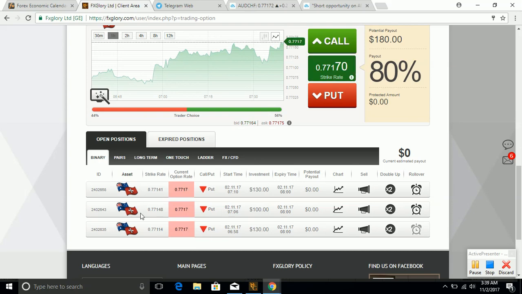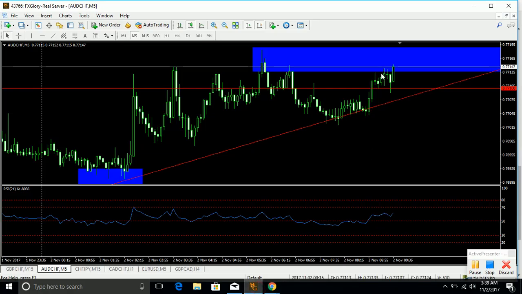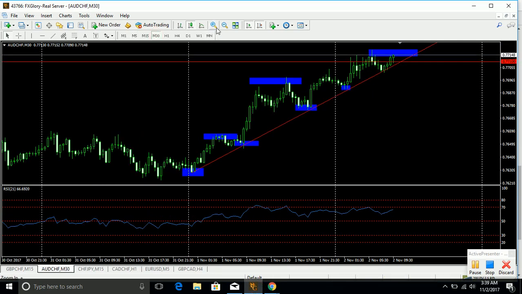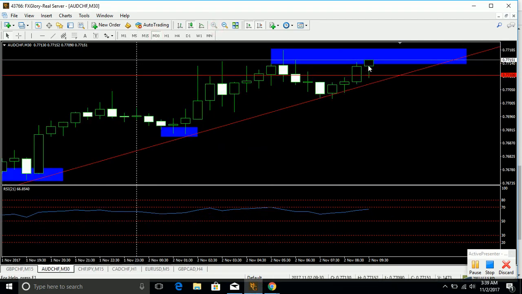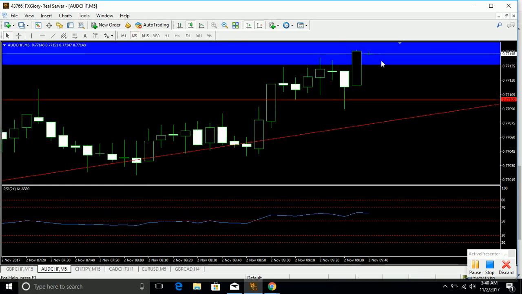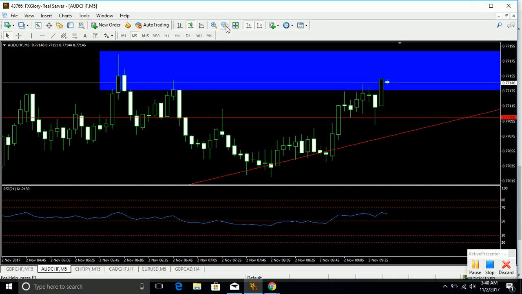Now the reason I'm in this, I'm sorry, this is the Aussie CHF, not the pound CHF. I'm in this trade still because I'm expecting this 30-minute candle to close bearish. So I'm expecting this to still close down in this area, be rejected from this point that it's at now. And we should see this play out within the next 15 minutes, if my analysis is correct.